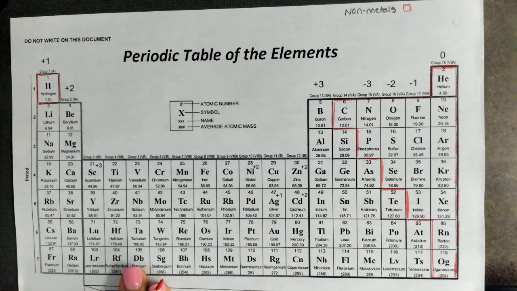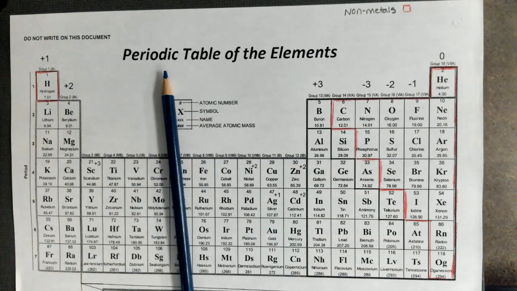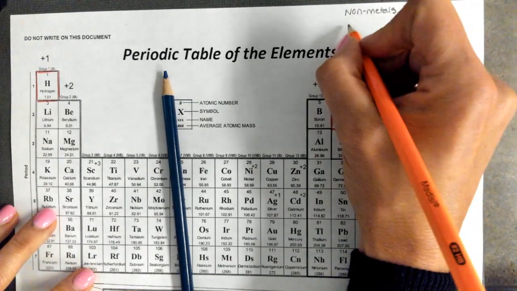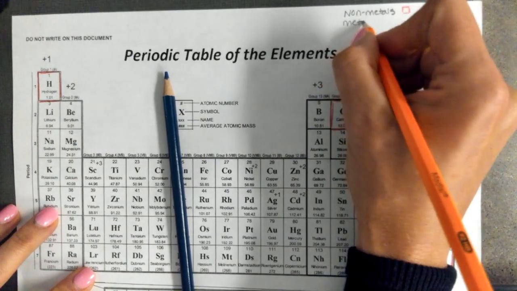All right, the next thing we're going to do is we are going to want to outline our metalloids. So I am going to be using my blue to indicate that I'm coloring my metalloids.